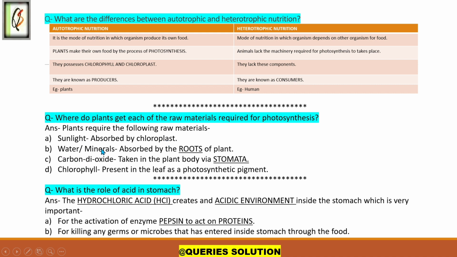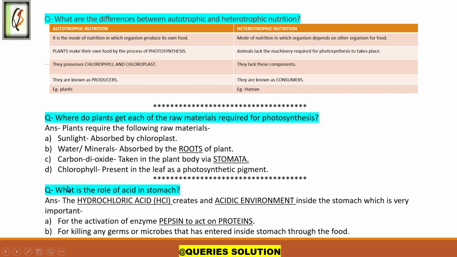Water and minerals, as we already know, will be absorbed by the roots of the plant and transported to the leaf so that they will be utilized in the process of photosynthesis. The CO2, a very important gas, is taken up by the stomata, which are the minute openings on the surfaces of the leaf. And lastly, as we discussed, the chlorophyll.